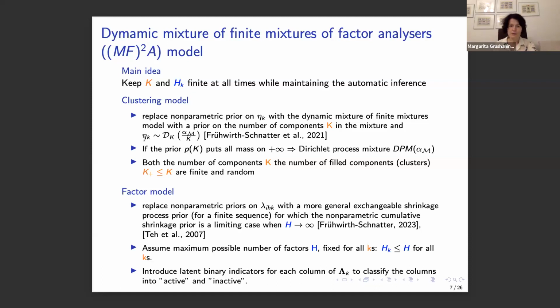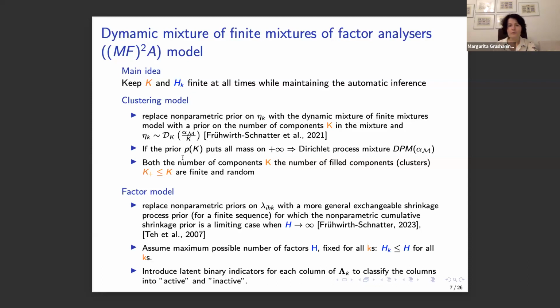Then the mixture weights are assigned a multinomial Dirichlet prior, which depends on this number of components. And if the prior on k puts all its mass on infinity, then we have the Dirichlet process mixture, and we have this connection with the non-parametric prior.